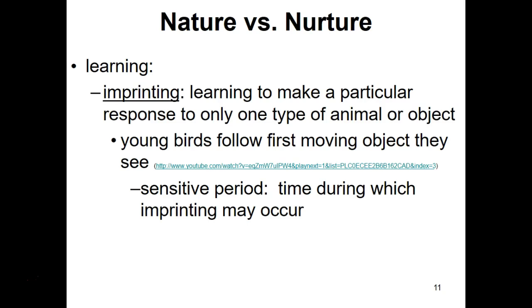Another learned behavior is imprinting. Imprinting is seeing that first organism and becoming attached to that first organism. And then that is going to be the one that will determine how you grow.